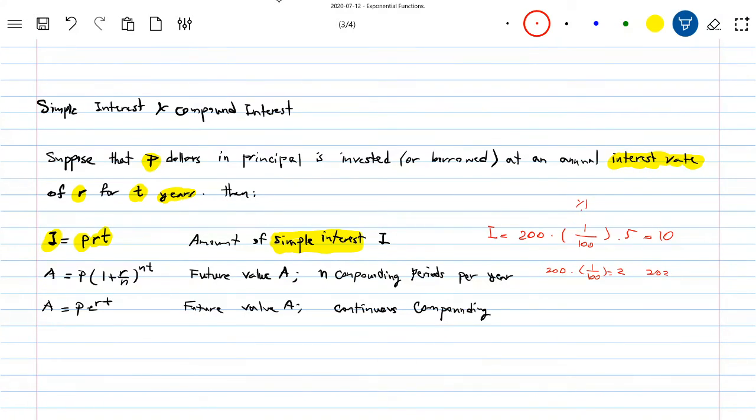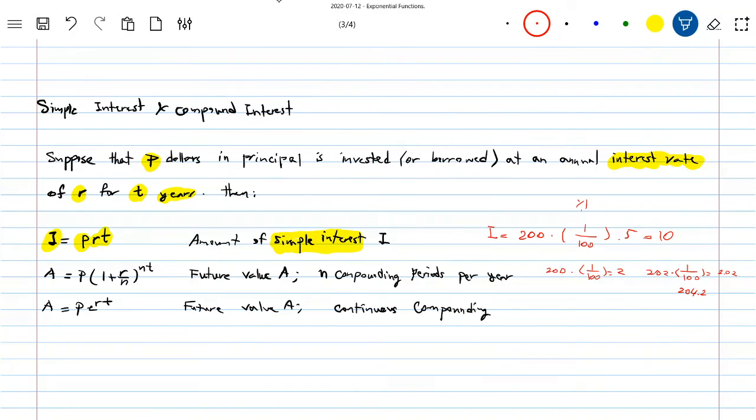Now I want interest on the $202, not only the 200, because I have an extra $2. So for next year, you multiply by 1 over 100 again. You'll get $2.02. Then added up, you'll get $204.02. Now you'll see that after 2 years, you have an extra 2 cents.